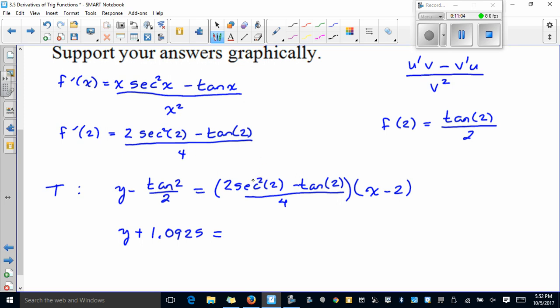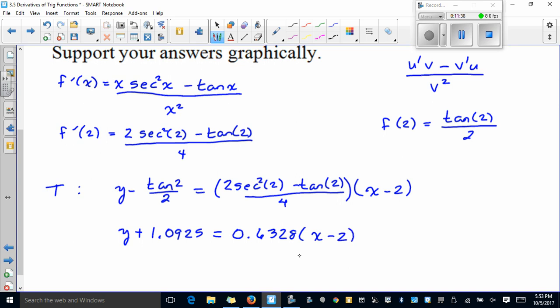I need to multiply it by 2 times 2. So I have that number minus tangent at 2. Oh, let's not forget to divide by 4. Divide by 4 gives us 0.6328 times x minus 2.